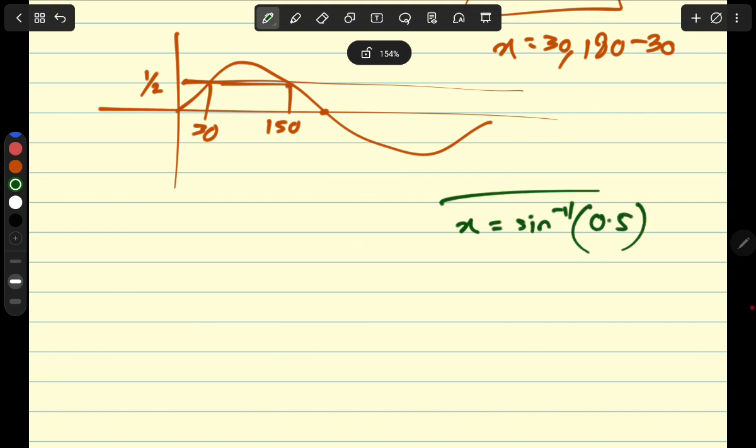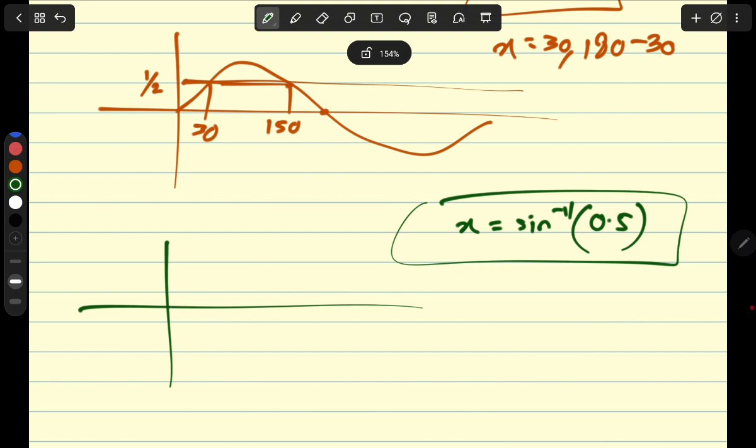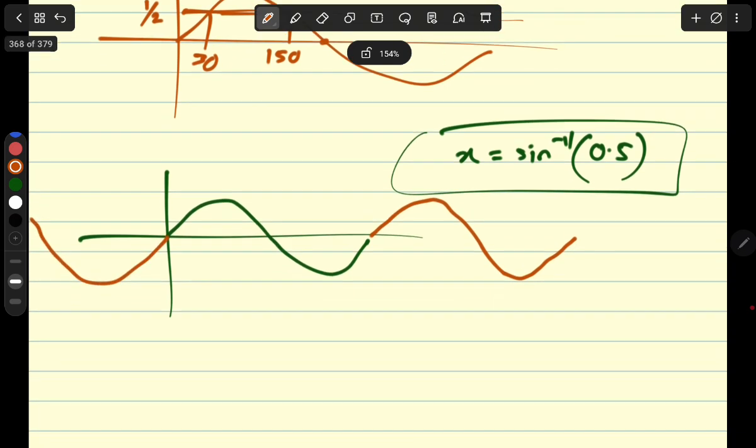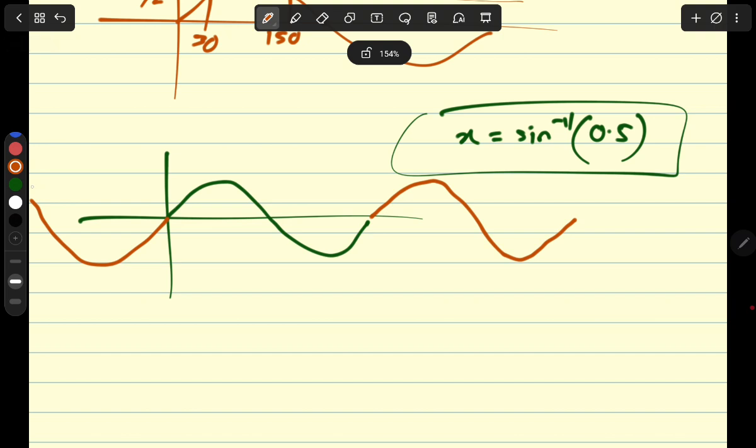And an inverse is only possible for one-to-one functions, so this must produce just a single output. This is a sine graph and it also travels in perpetuity, so it goes from here to here, and we know that the sine graph is symmetric about the origin. If we restrict the domain, there is a turning point and there is a turning point.